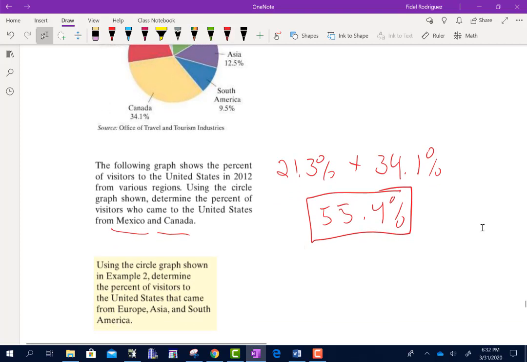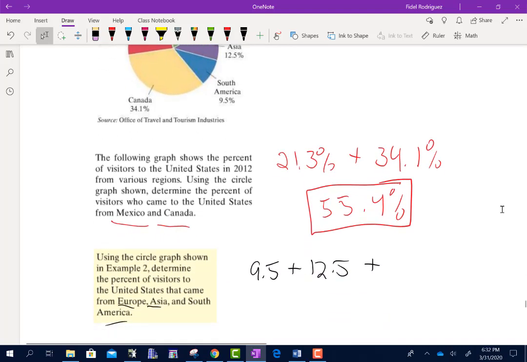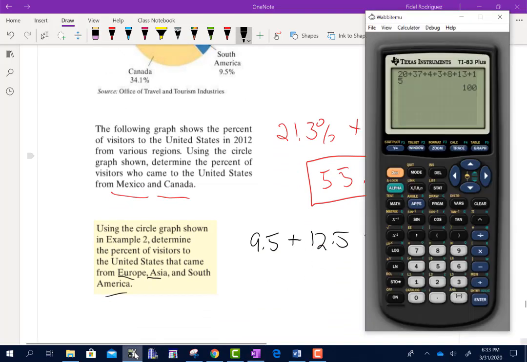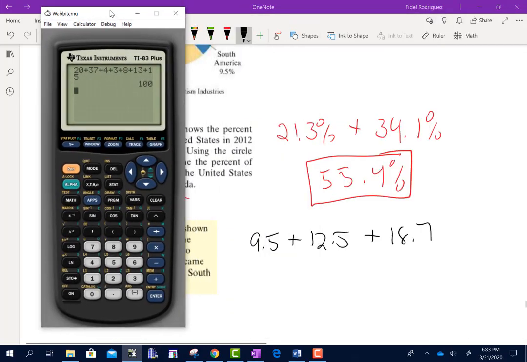Let's see. Now we want to know the percent of visitors that came from Europe, Asia, and South America. Okay, so South America is 9.5, Asia is 12.5, and Europe is going to be 18.7. Again, I'm just going to take my calculator and add those numbers up together.